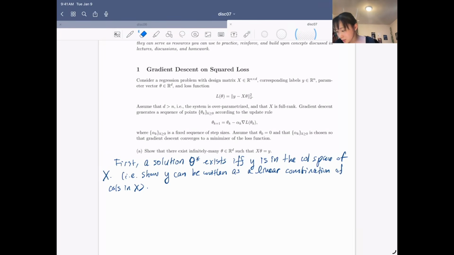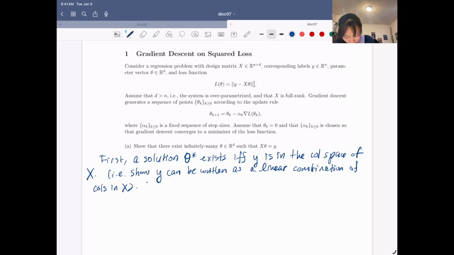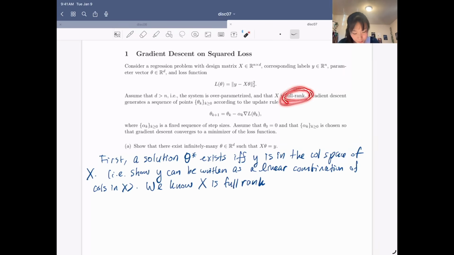Basically, how we can show this is by saying, first, we know that our matrix is full rank by the problem. And we know it's full row rank because d is greater than n, so there are fewer rows than columns. So it's full row rank specifically, and our full rank is equal to n, the smaller number.